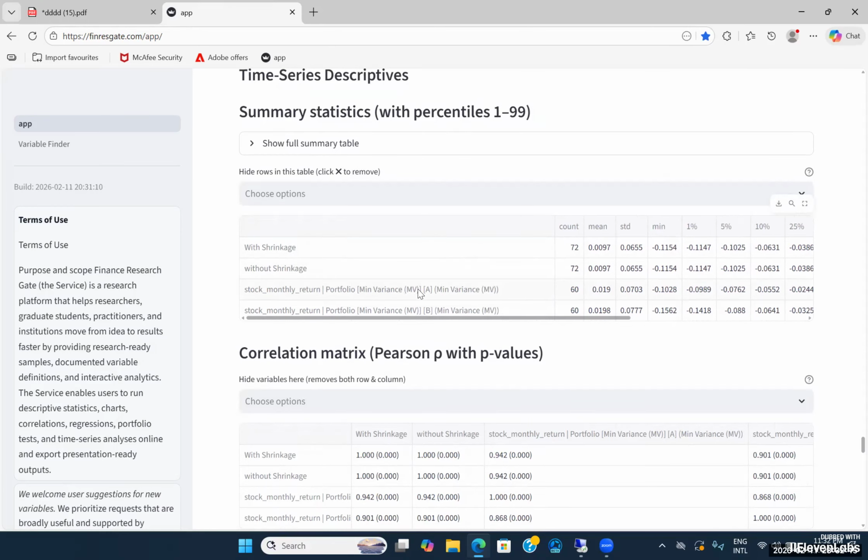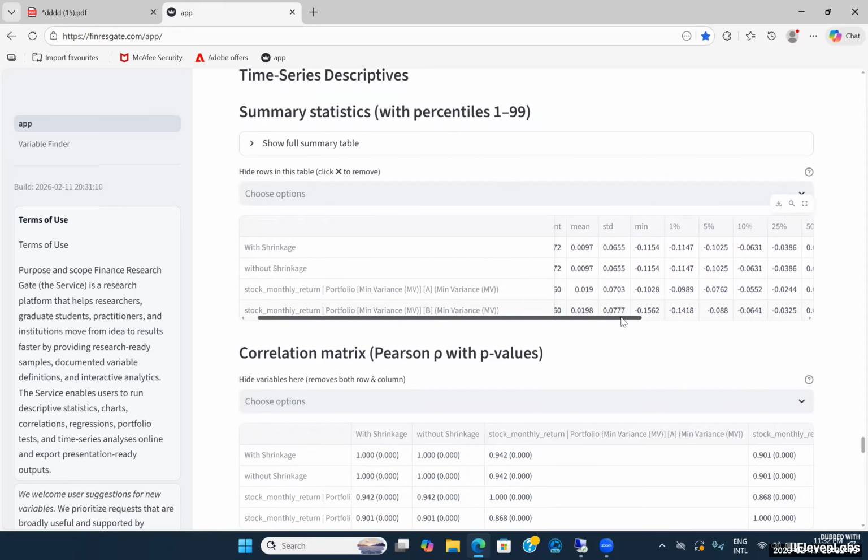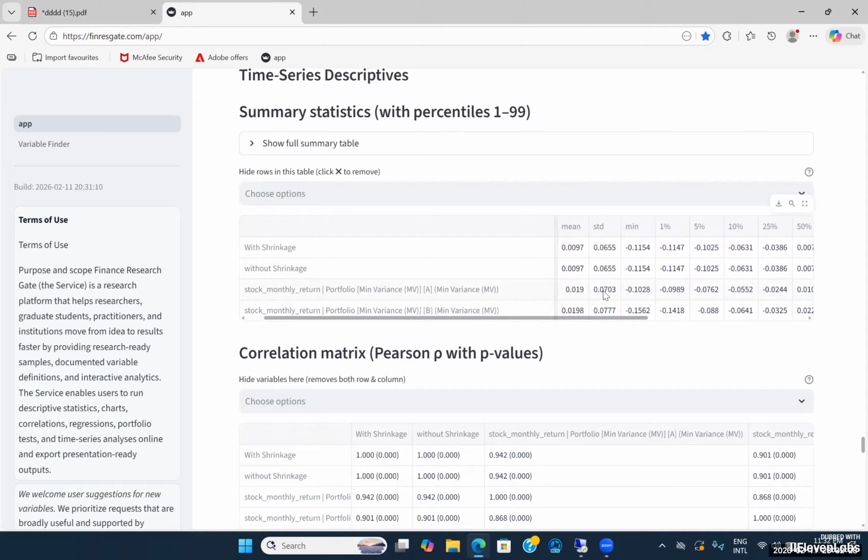So for our initial example, portfolio A, which incorporates shrinkage, we can observe these numerical results. In contrast, when we consider the scenario without applying any shrinkage to the variance-covariance matrix, we see a different outcome. Therefore, let's look at the resulting standard deviation values. We achieved a significantly lower standard deviation, which was the primary objective of this minimum variance portfolio strategy. We used the exact same sample of firms, the same sample period, and the identical variable, which was monthly stock return.